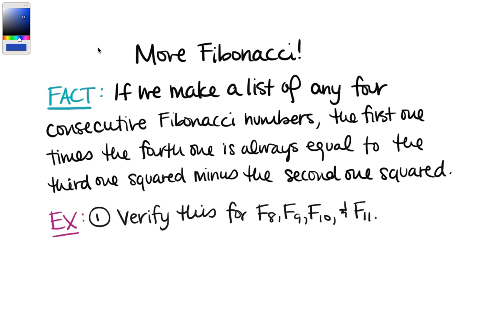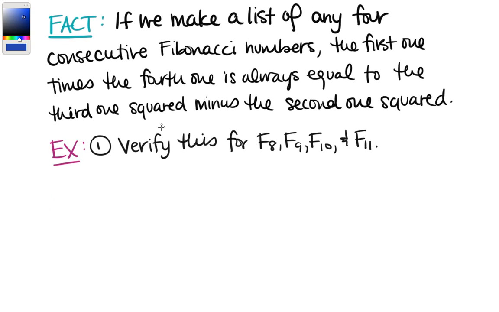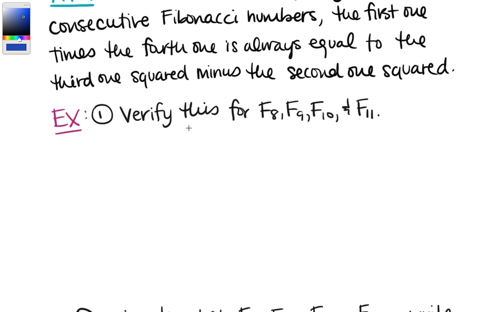So what we're going to do first is verify this for a specific list of Fibonacci numbers. Okay, so there's 4 consecutive, right? They appear 8th, 9th, 10th, and 11th in the sequence. And what we've got is the first one times the fourth one. Well, here is the fourth one and the first one.